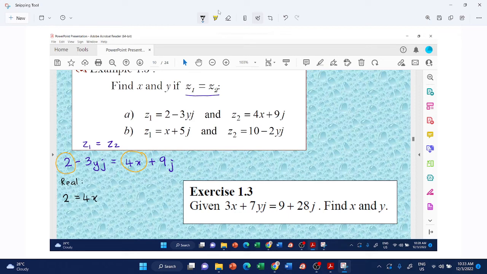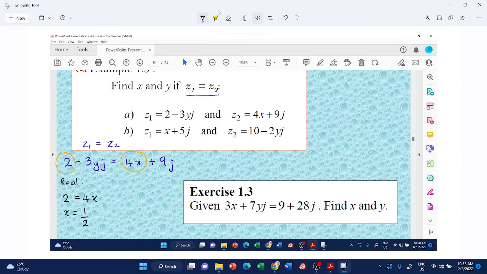Okay, so what is the solution for x ni? X berapa ya? 2 equal to 4x. Over 4. 2 over 4 and simplify, 1 over 2. Okay, thank you.